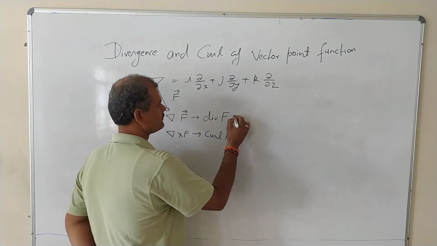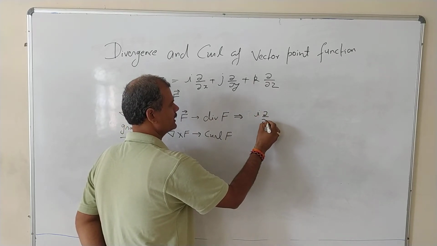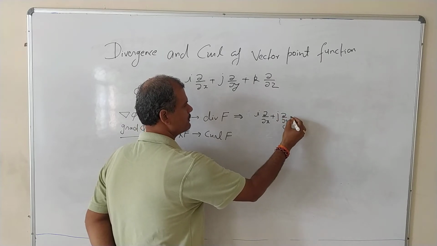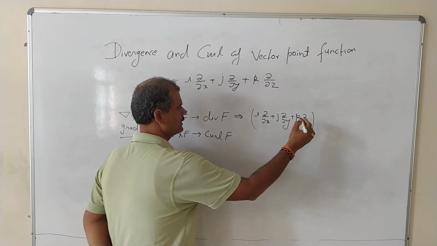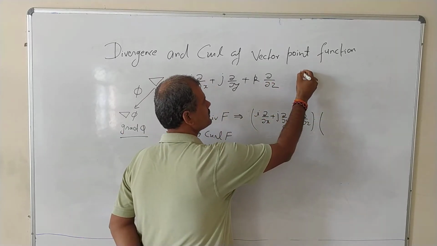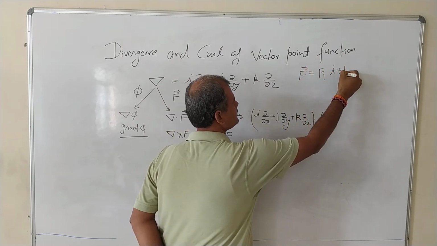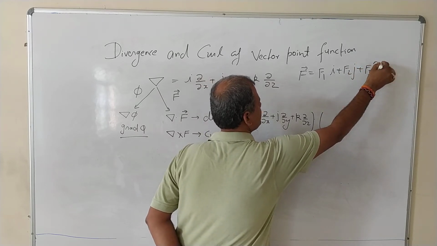Okay, so del we have i del by del x plus j del by del y plus k del by del z. Fine. Dot f, let us have this f vector as f1 i plus f2 j plus f3 k.